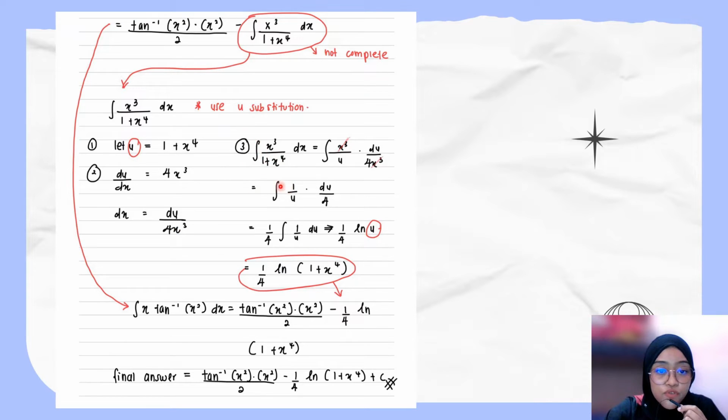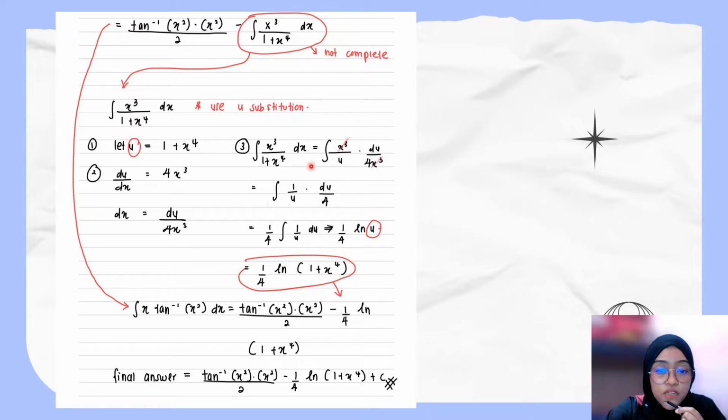Next, we substitute into this equation, and we get the integral of x cubed over u, because we already changed it to u, multiplied by du over 4x cubed.